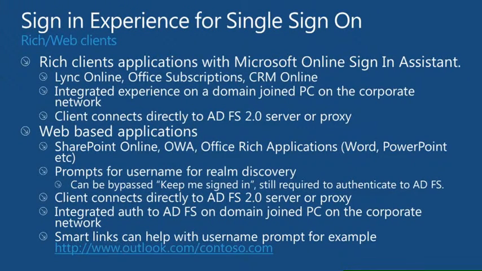And they prompt for a username. So if I'm on a domain-joined machine on the corporate network, it's going to prompt me for my username first. That prompt for username is so we can do what we call realm discovery. So typing that username in allows the authentication platform to decide what to do for authentication.